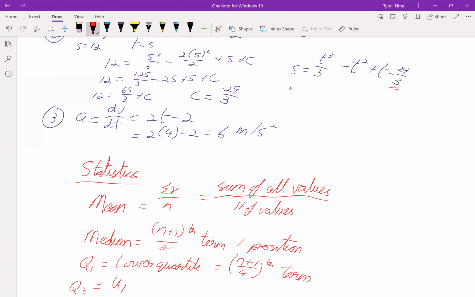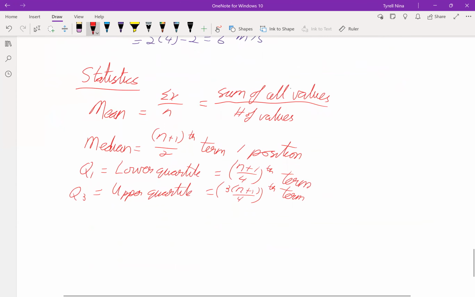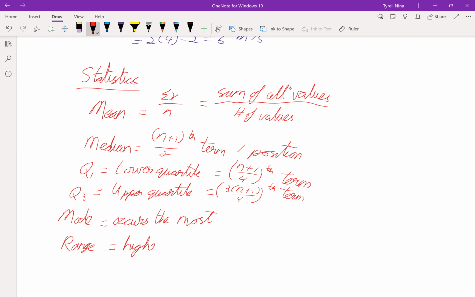Q3 is the upper quartile, which is the 3 by n plus 1 over 4th term. Mode is the one that occurs the most. Range: highest minus lowest.